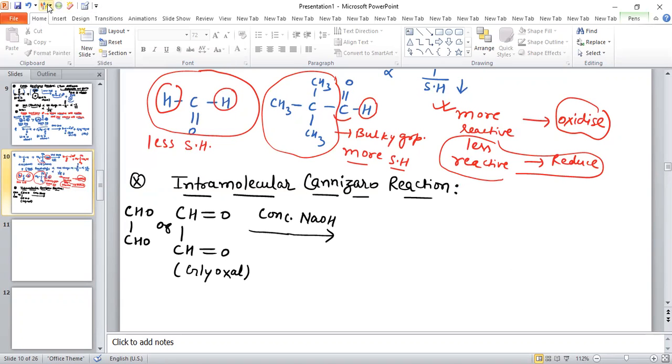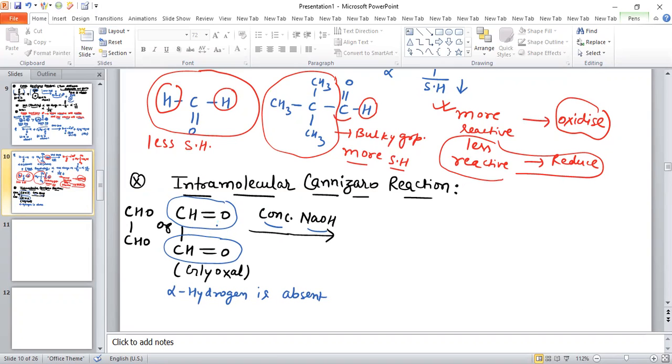In both, alpha hydrogen is absent. There also alpha hydrogen is absent and there also alpha hydrogen is absent. Because concentrated NaOH is used and alpha hydrogen is absent, the Cannizzaro reaction will take place.